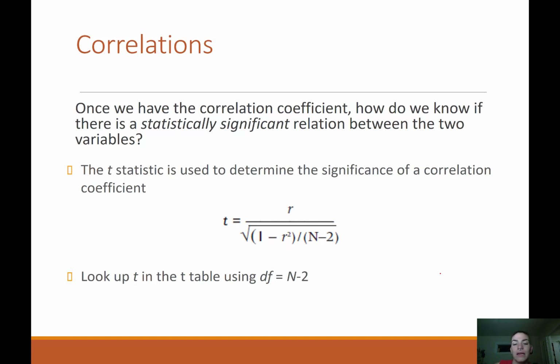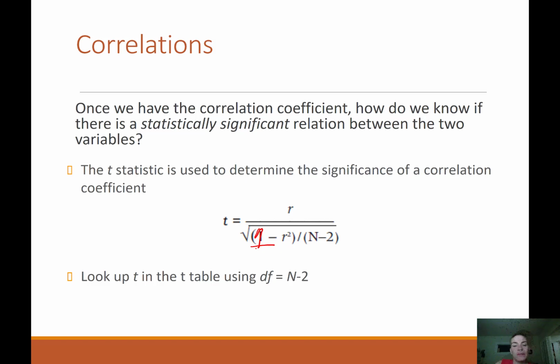So t can be calculated using just the value of r that you've already calculated, and we also need to know the sample size to calculate this t-statistic. Just for clarification, this is a number 1 here.